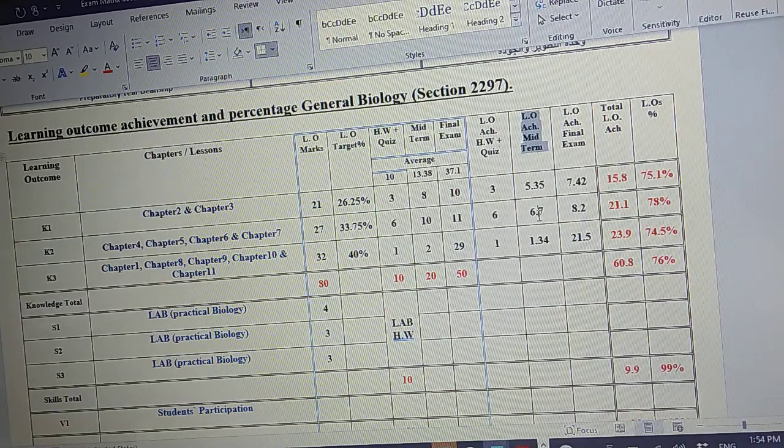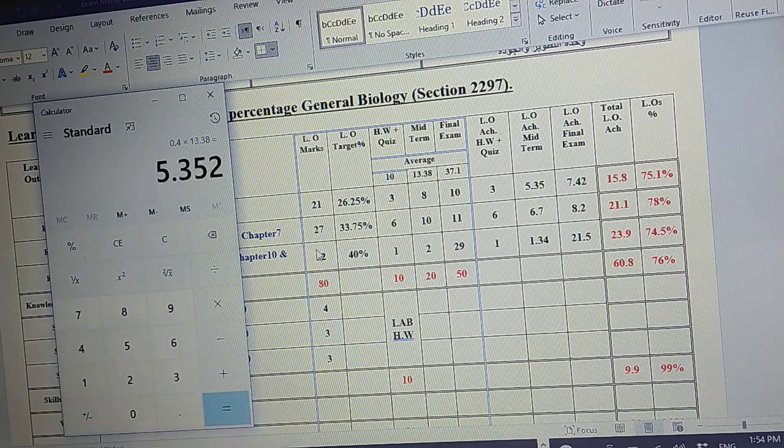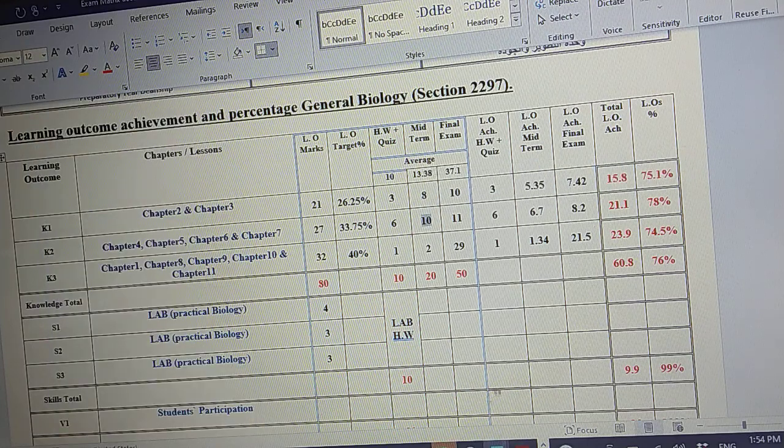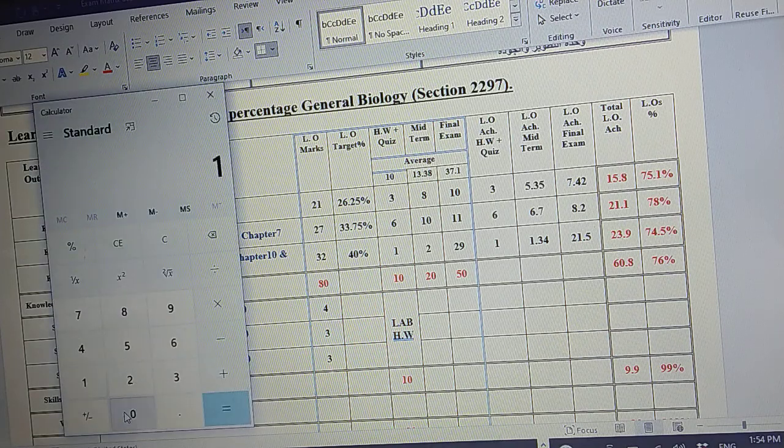By the same way, we are going to calculate K2 for midterm, which is 10 divided by the total mark, which is 20, times the average mark, which is 13.38.